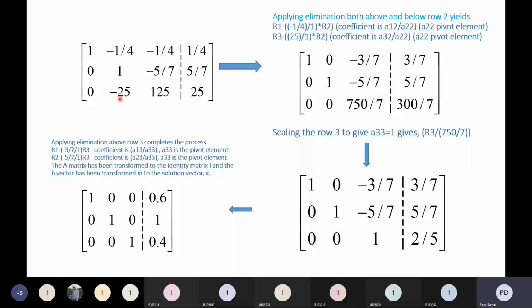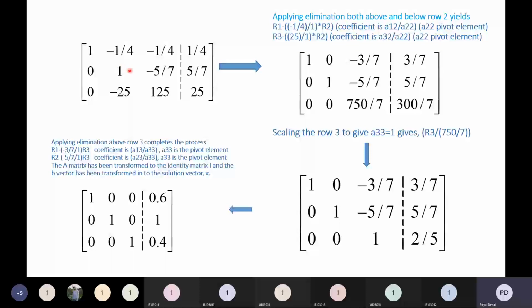So whether the upper or lower element, your pivot element is the same. In this case, the multiplier is minus A12 divided by A11 to eliminate this. And in this case, it is A32 divided by A22, which is shown over here. So A22 is your pivot element.